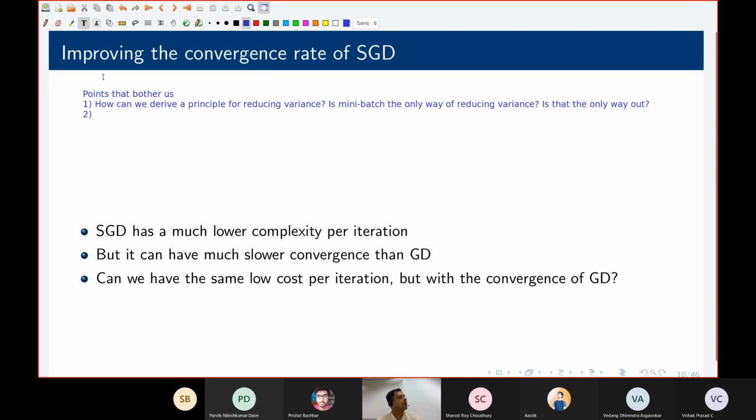I have mentioned a point here. SGD has much lower complexity per iteration, but it can have much slower convergence. So can we improve the convergence of SGD? What comes to your mind? Learning rate scheduling.